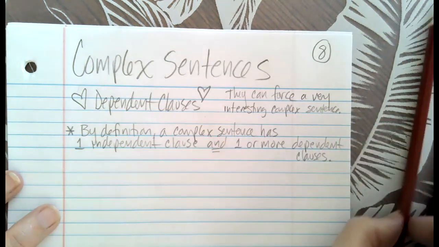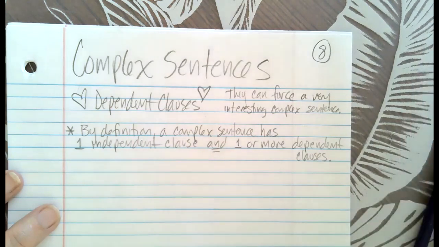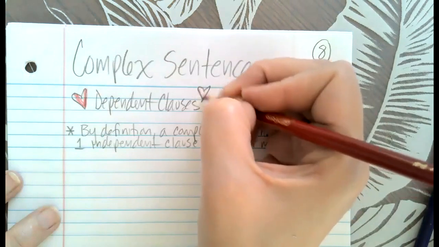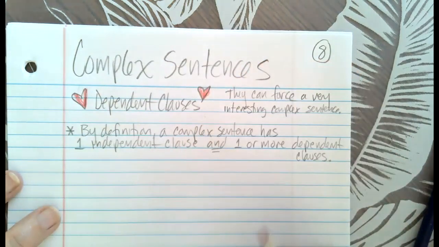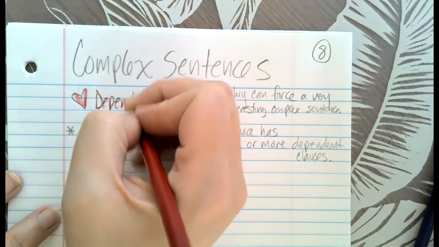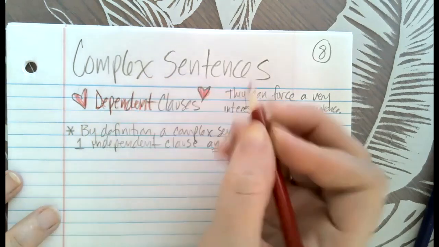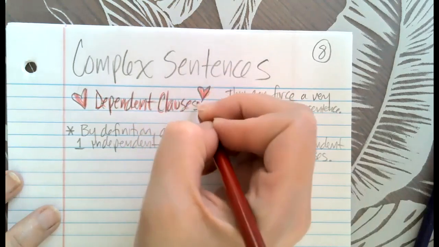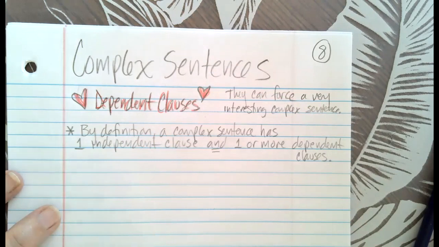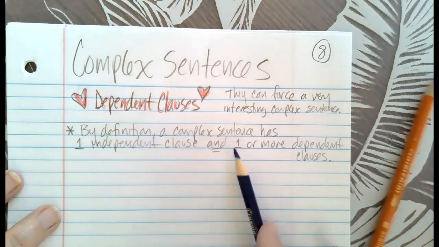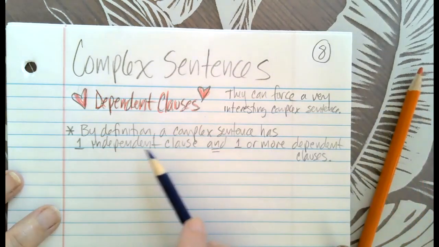Okay, now we're going to color code what we have going on here before we move forward. So first of all, we want to go ahead and color code our dependent clause, little note here, okay? Because you aren't going to make a complex sentence without a dependent clause. Now, is a complex sentence only a dependent clause? Nope. You have to have an independent clause with it. They have to be joined together. Okay, so by definition, a complex sentence has one independent clause.